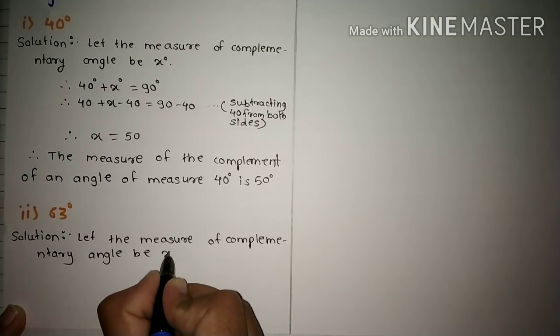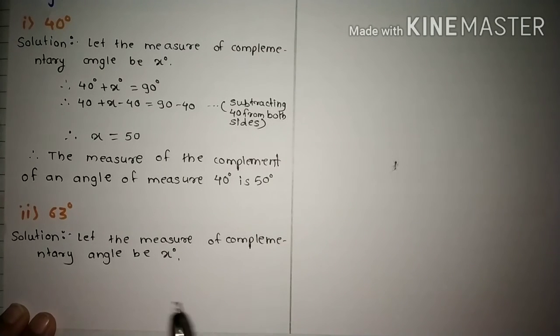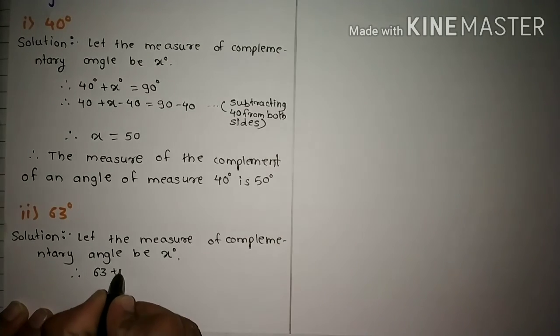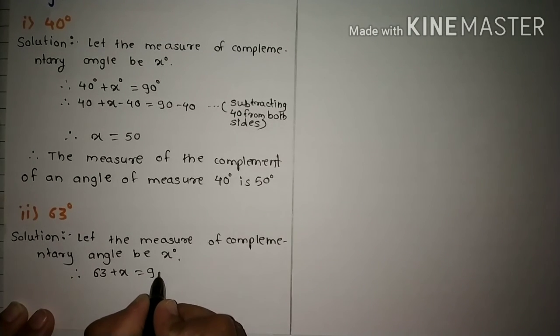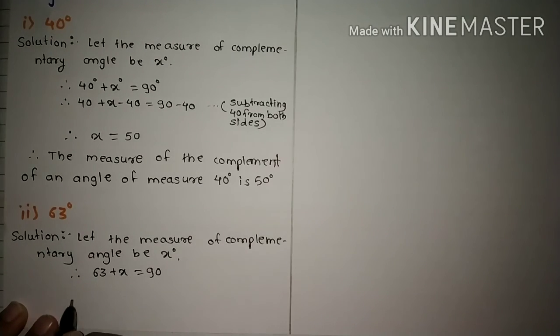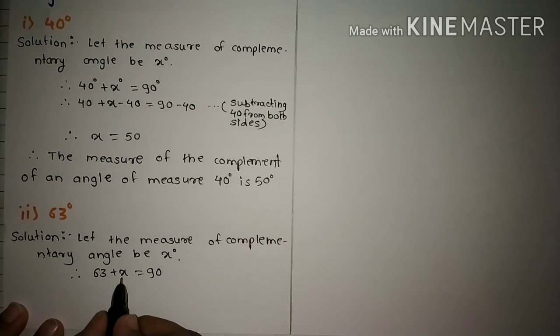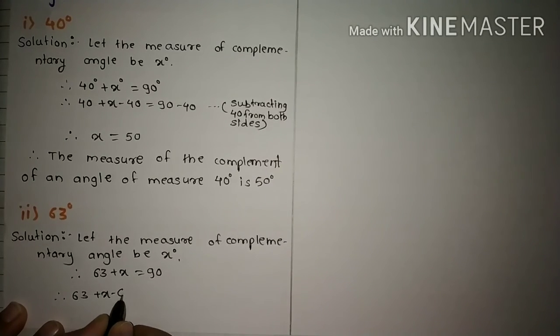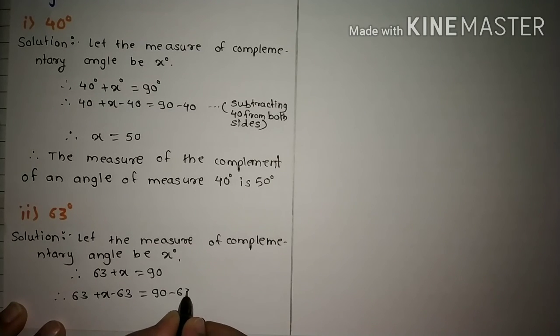Therefore, by the definition of complementary angle, we write 63 plus x equals 90 degrees, because the sum of the measures of complementary angles is 90 degrees. Now we have to find the value of x. Therefore we subtract 63 from both sides. Therefore write down 63 plus x minus 63 equals 90 minus 63.